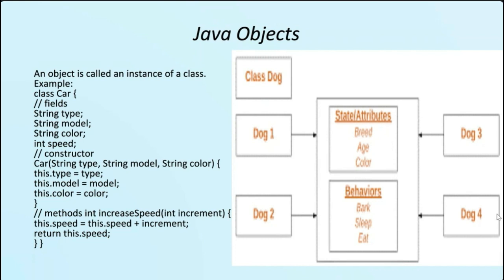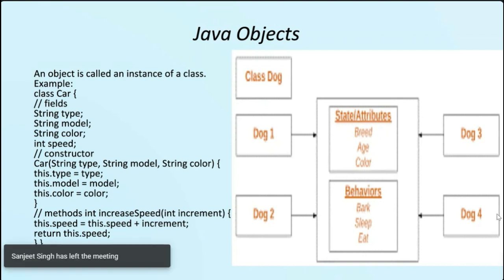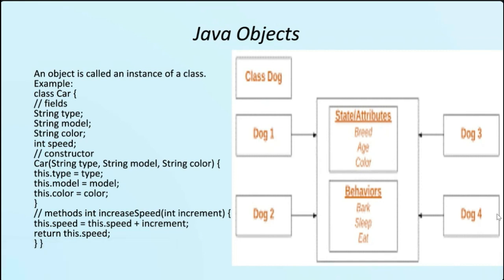In the chat window or unmute yourself. I just want to know if you are following. Even if you type in the chat window, it's fine. Just a guess. I'm going to explain what an object is right now. I'm just asking you to guess how many objects there are in this diagram.